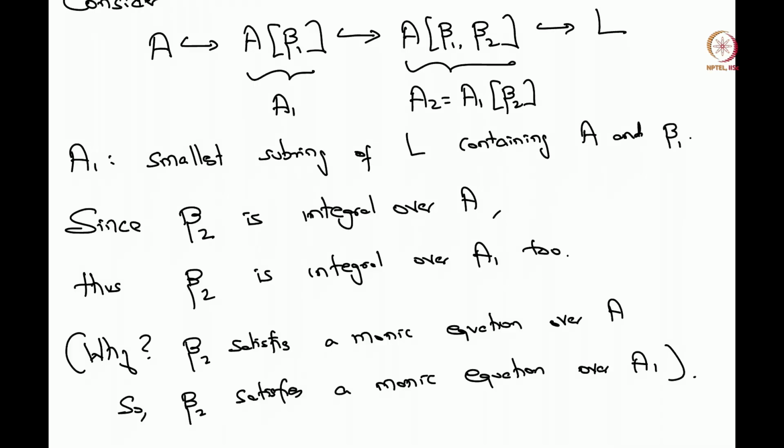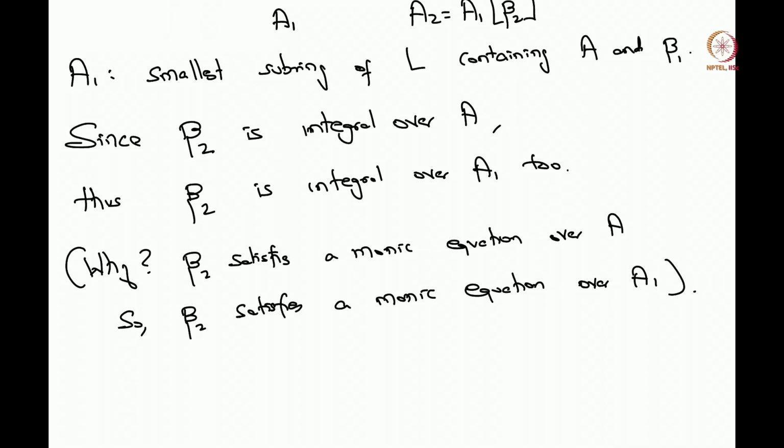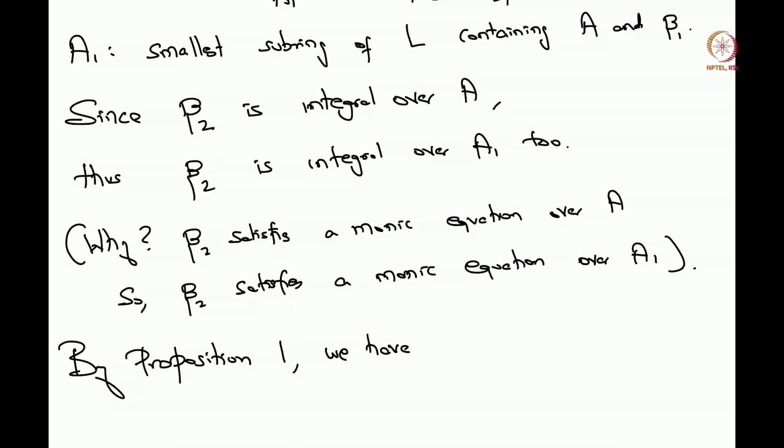Okay, so what we have is that beta 2 is integral over A1, and so by proposition 1 from the earlier lecture, we have that A1 adjoin beta 2 is finitely generated as an A1 module.